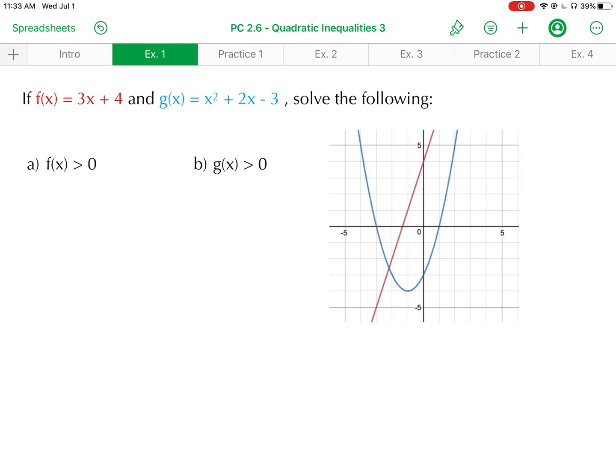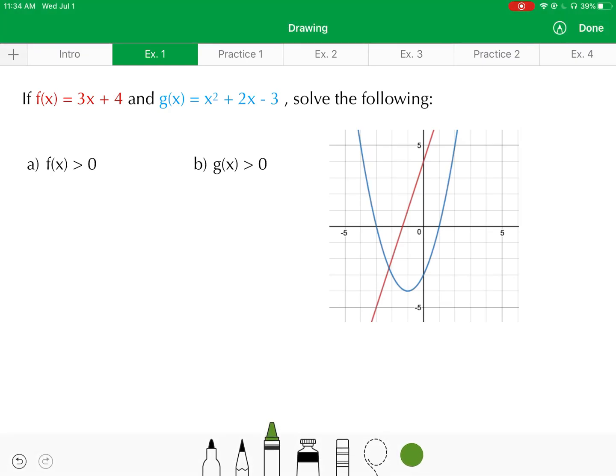F of x is a notation that represents the y values of the function f. And g of x is a notation that represents the y values for the function g of x, right? So we want to know for what values of x are the y's of each of these functions greater than 0. So let's write that out, okay?